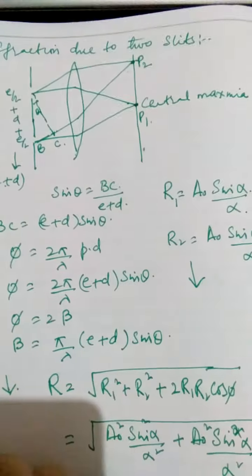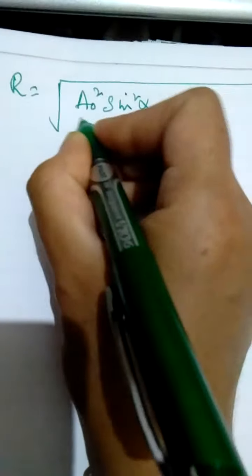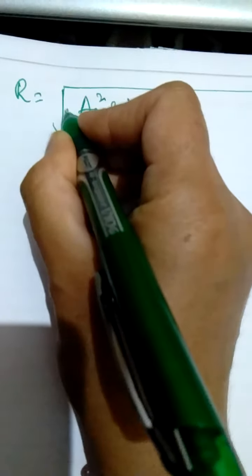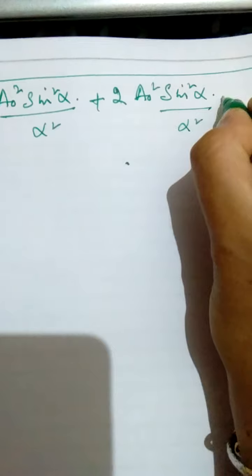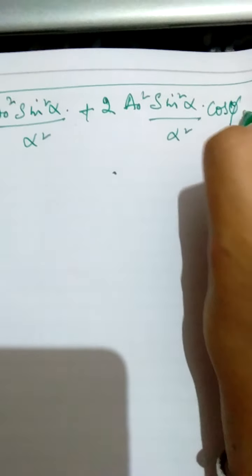So from here we can take it to the next page, that is, the resultant R is equal to, of course, A naught squared sin squared alpha by alpha squared twice, plus twice A naught squared sin squared alpha by alpha squared cos phi, right?